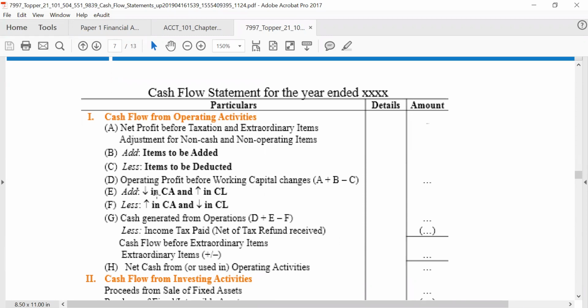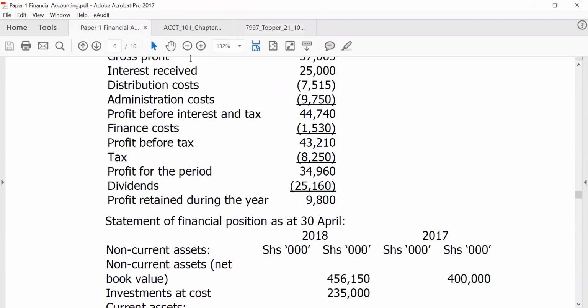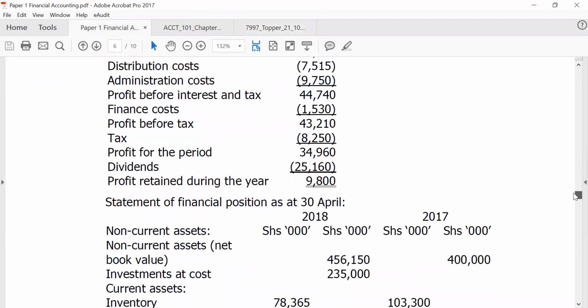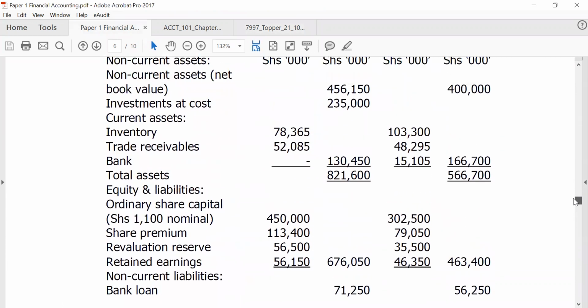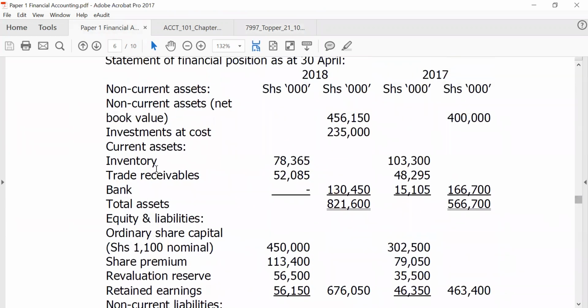Now, working capital. I said whenever somebody says working capital, you think of two things: current assets and current liabilities. So for working capital, we go ahead to look at each of the working capital items, and we look at your balance sheet. You look at items like inventory and trade receivables.